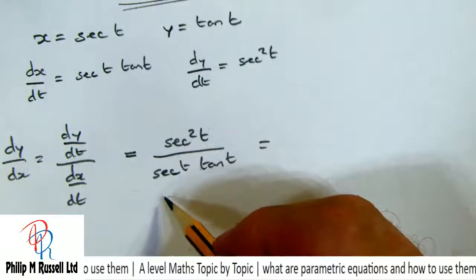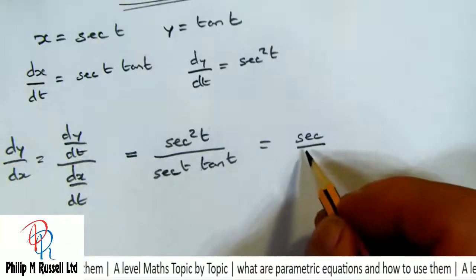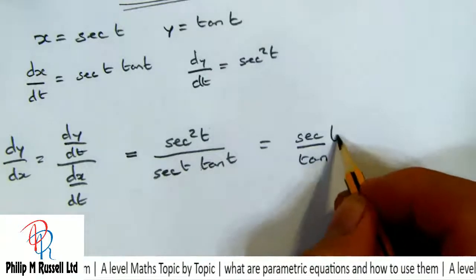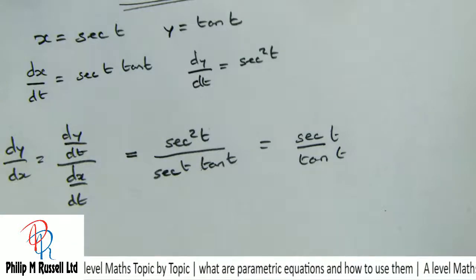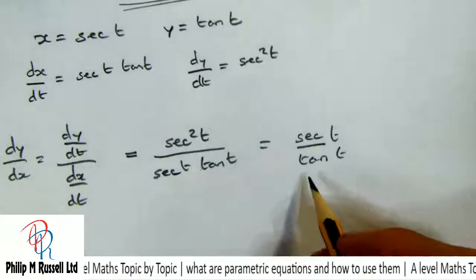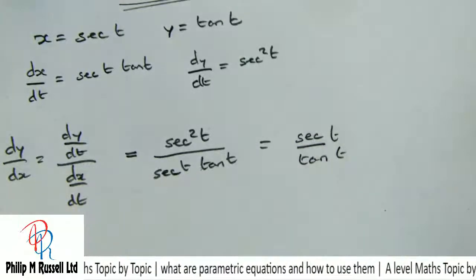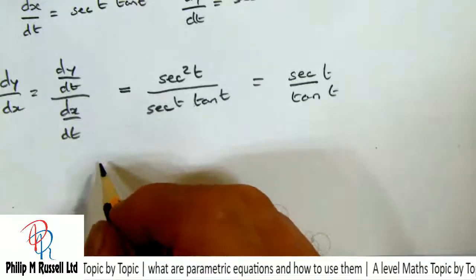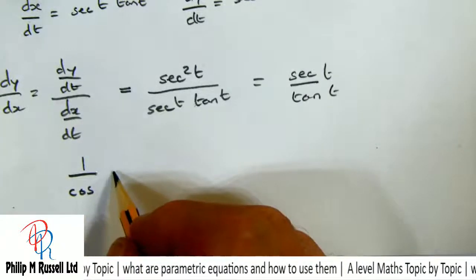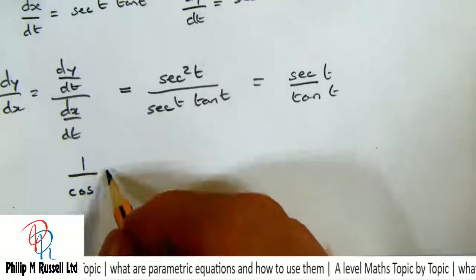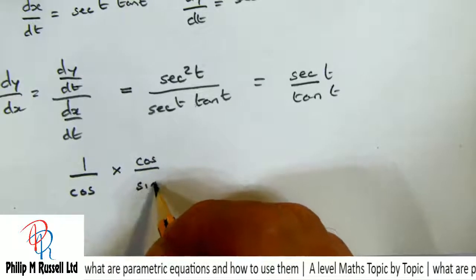The secs are going to go, so I'm going to end up with sec over tan, and I've got to work out what that's going to be. Sec, we know, is 1 over cos, and I'm going to divide that by tan, which is sine over cos, which is then multiplied by cos over sine.